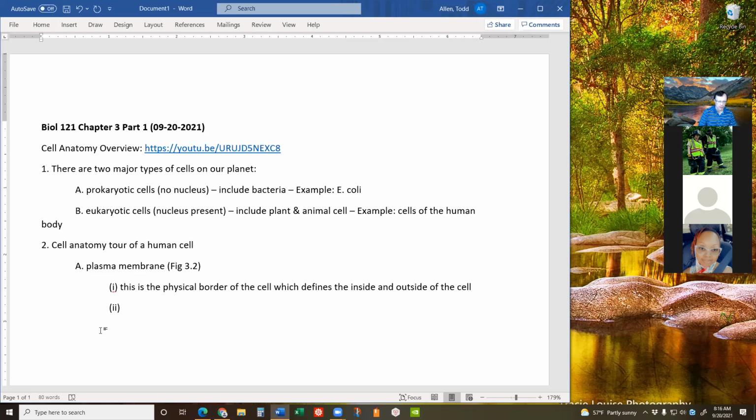The plasma membrane is made of the following. Predominantly, it is made of phospholipids. If you look at figure 3.2 on the bottom left corner of the image, you see phospholipids.